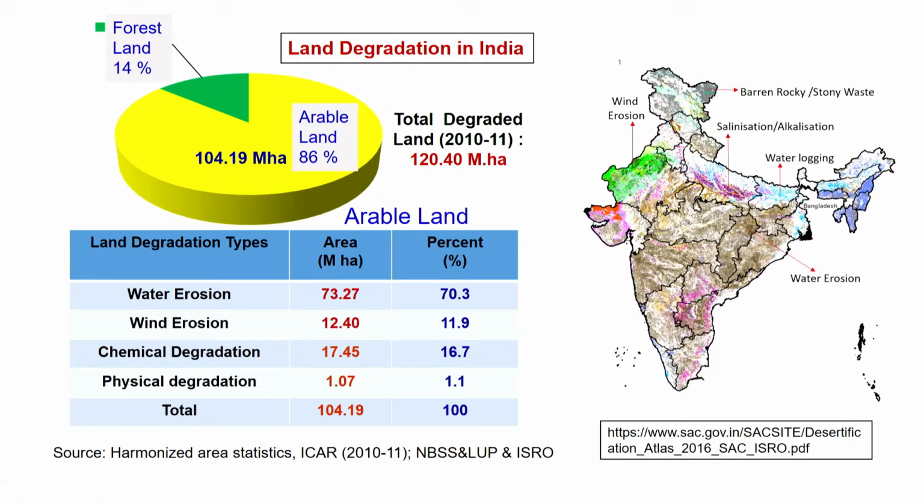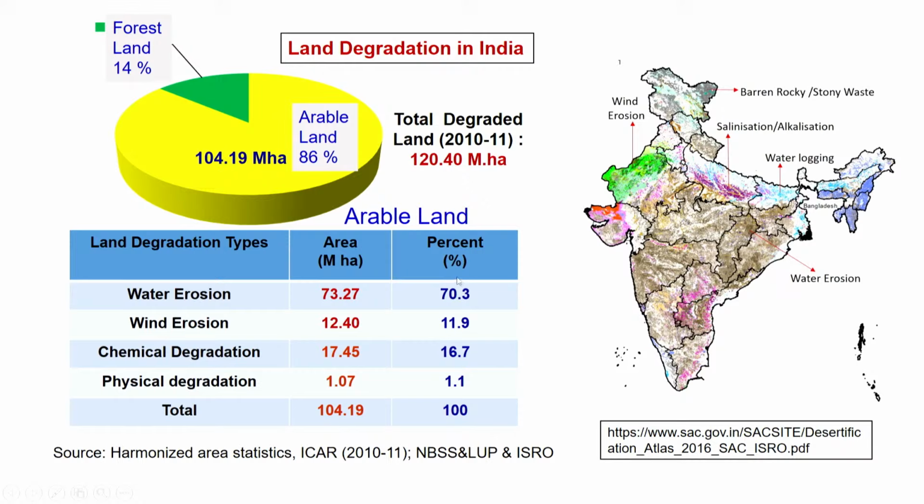In India, ISRO and ICAR, the Indian Council of Agricultural Research, arrived at a harmonized statistic that the agricultural arable land is mostly affected by water erosion, 73 million hectares or 70%.